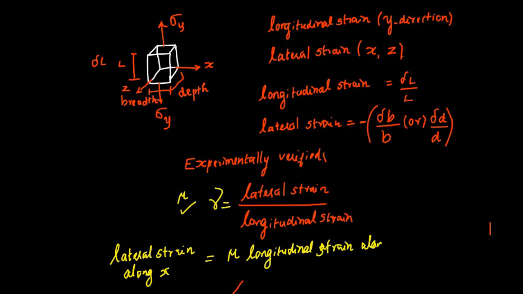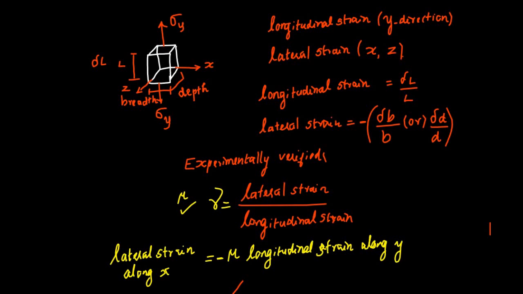Of course, the strain along the y direction because of the load that is acting along the y direction, that is what is called the longitudinal strain. So we can also write this expression this way, and because the longitudinal strain is positive, in our case this will be negative. So this is the lateral strain along the x direction because of the load that is acting along the y direction. We can write the statement like this.